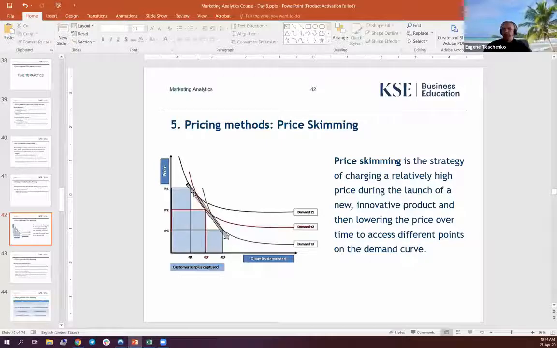The result might be, number one, early adopters will be tearing your store apart. You would need to spend a lot of money on public relations because you're basically ruining the idea that only the people who want to get this product as soon as possible need to pay this price.